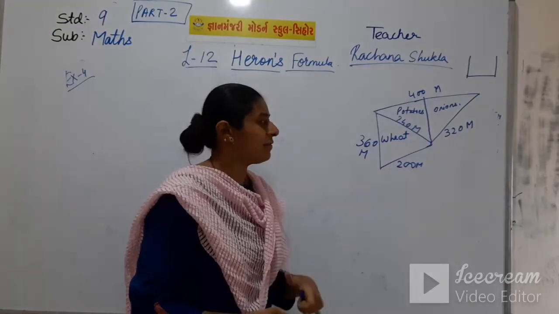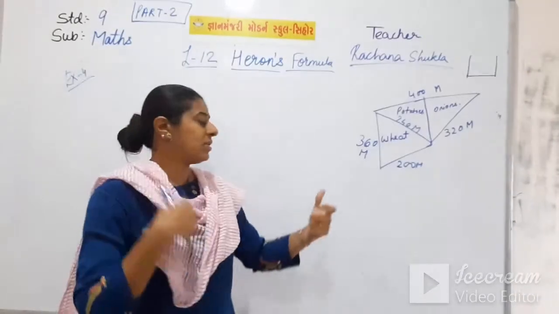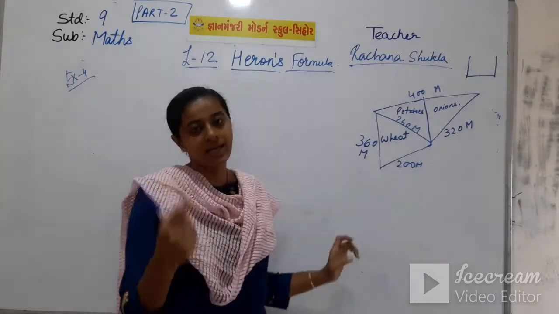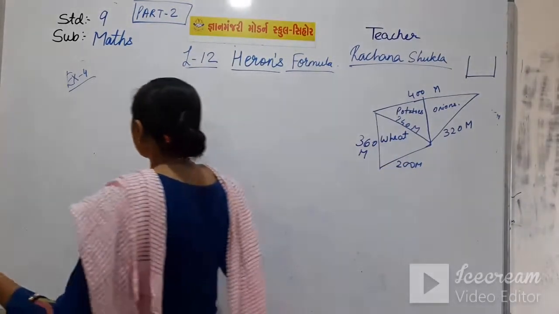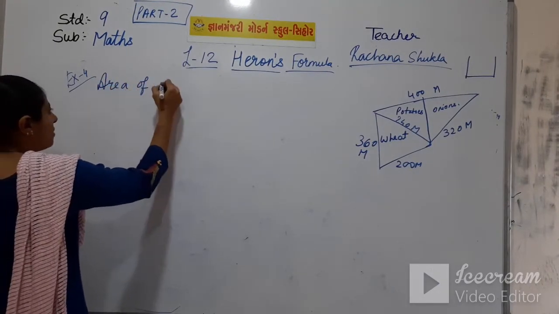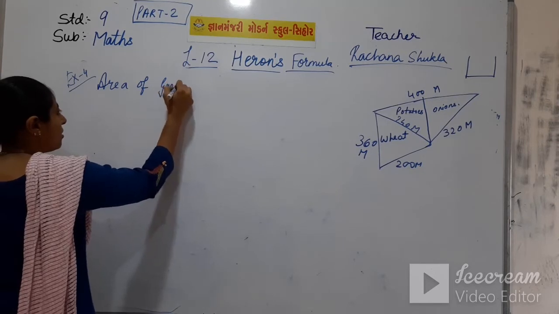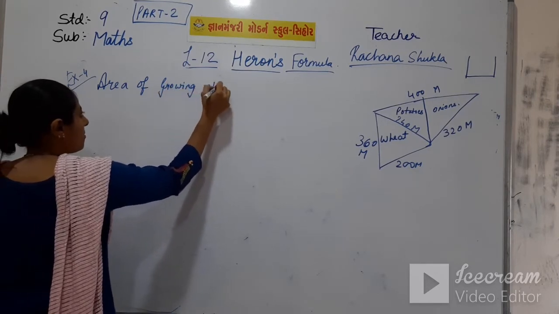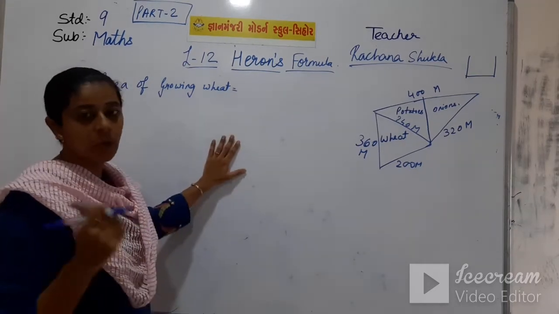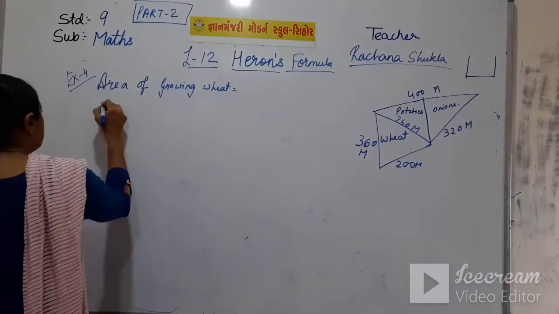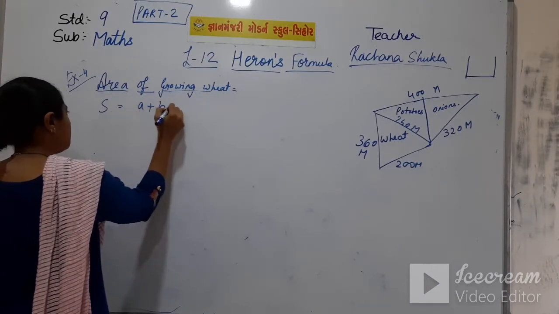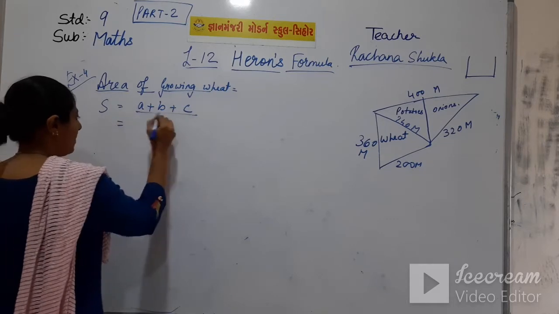So let's start our sum. First we will start with wheat. Area of wheat, that is the first triangle. Answer: area of growing wheat is equal to, first we require S. S equals A plus B plus C divided by 2.